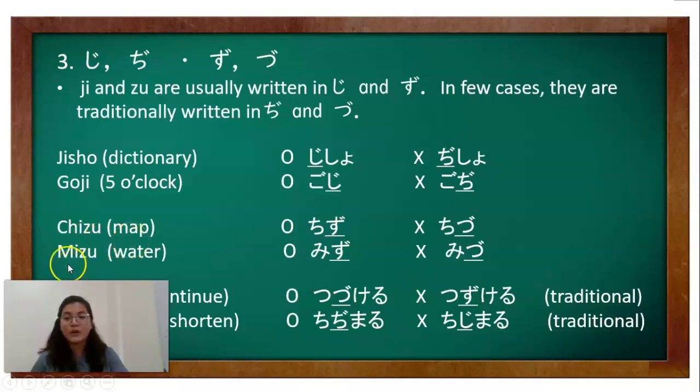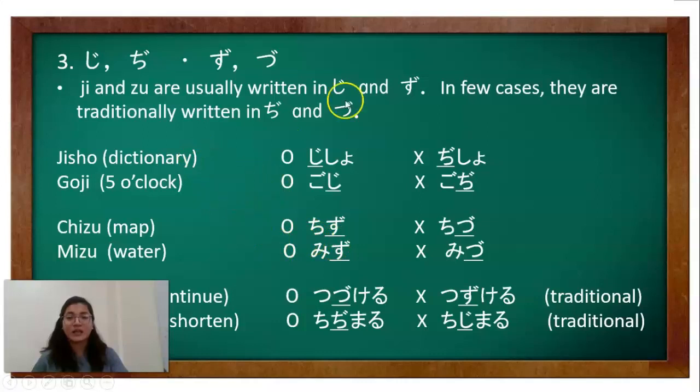Okay? Next one is mizu. Mizu is water. So this is the correct hiragana for that, and if you write it like this, it's still wrong. Okay?